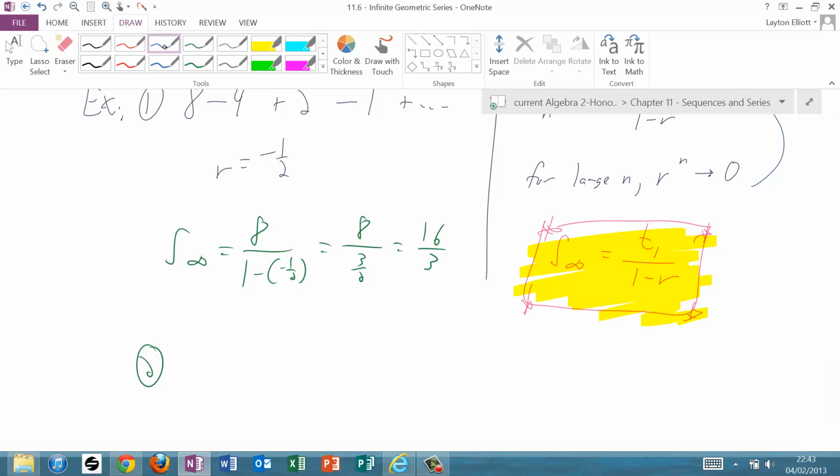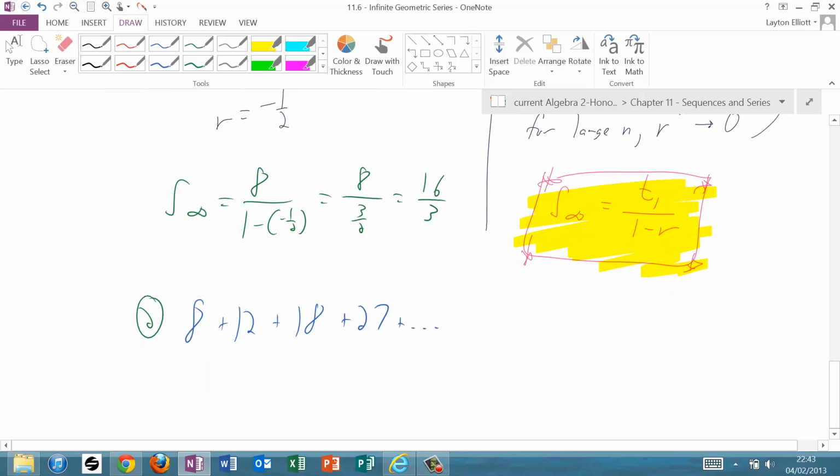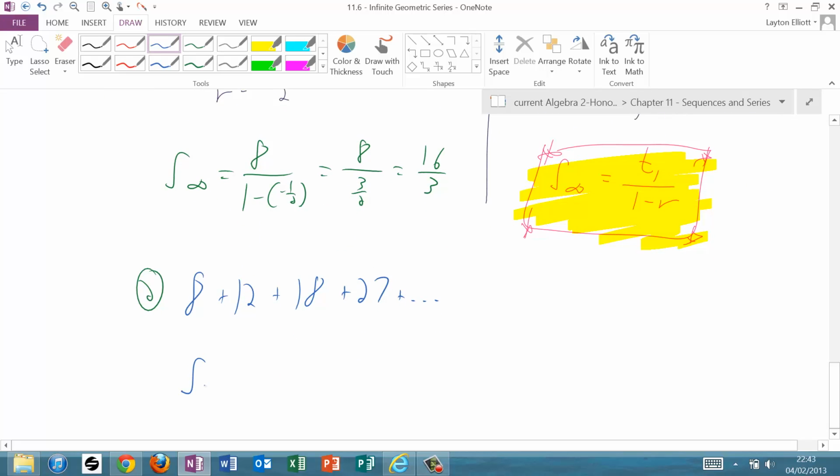8 plus 12 plus 18 plus 27. Well, if I do my S of infinity equation, I get t of 1 over 1 minus r, and my r value is 12/8, which would be equal to 3 over 2.